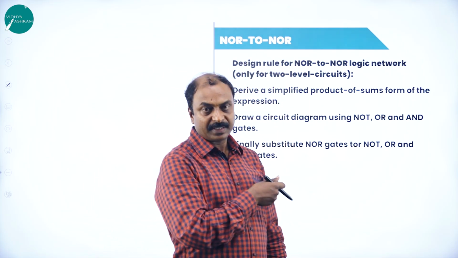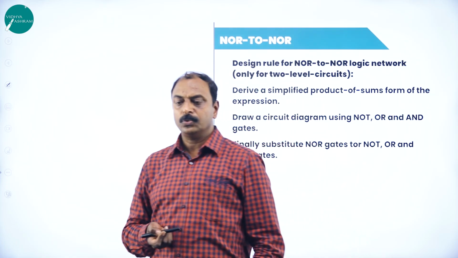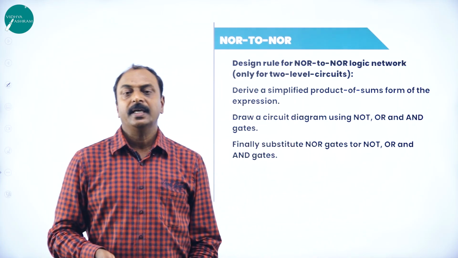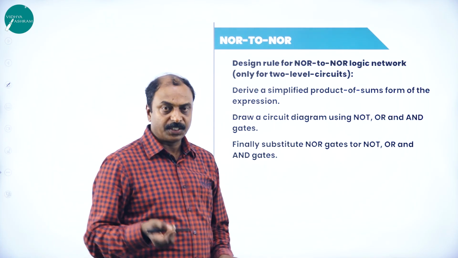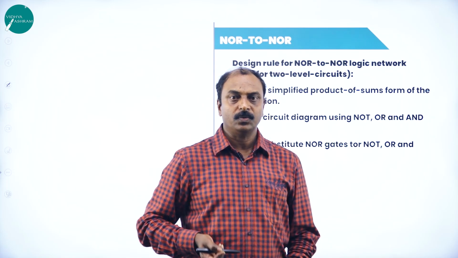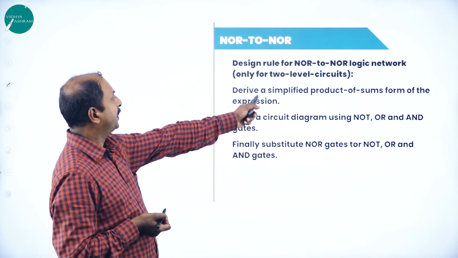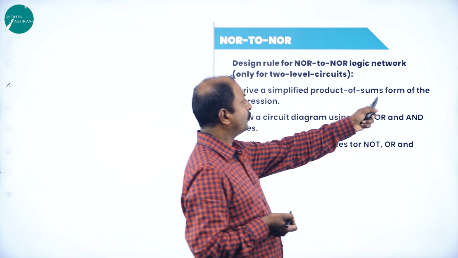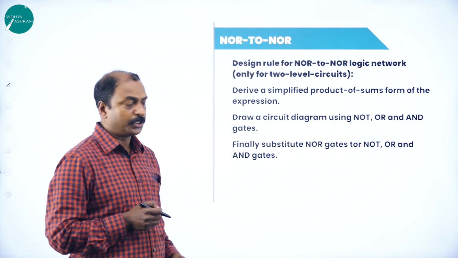In our previous slides, we have learned how to design a circuit by using only NAND gate. Similarly, now let us see the procedure to design a circuit by using NOR gate only. Step number 1, derive a simplified product of sums form of the expression.